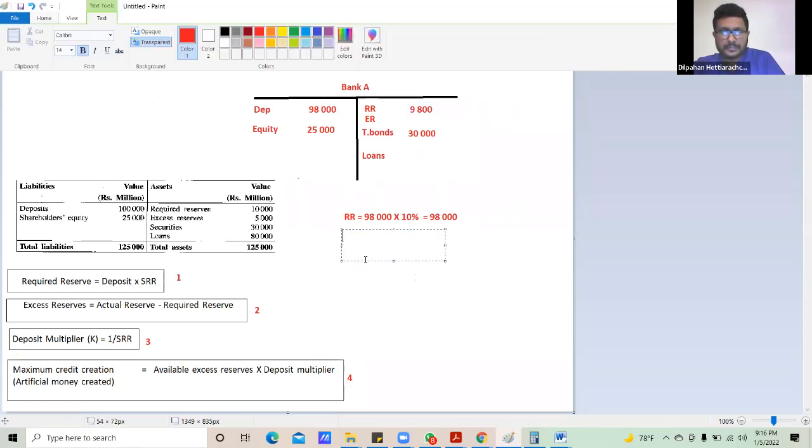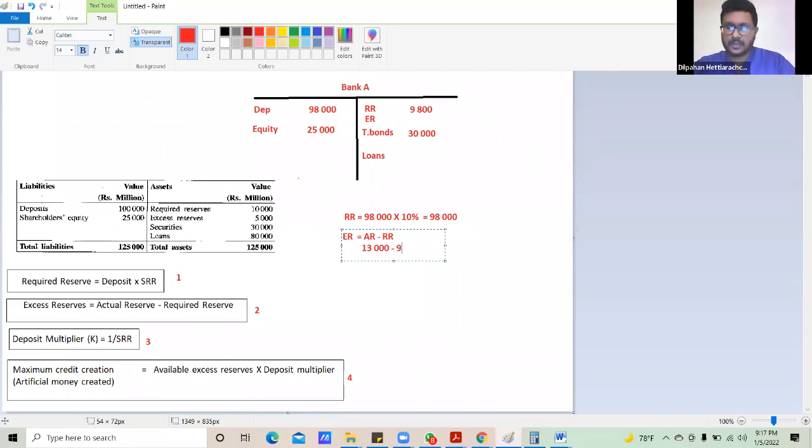Then altogether, I write the second equation also. You can remember, altogether we had actual reserves of 13,000. How did this 13,000 come? The required reserves initially we had 10,000 and excess reserves from 5,000 there was a 2,000 reduction, and altogether excess reserve was 3,000. So that means actual reserve altogether is 13,000, right?